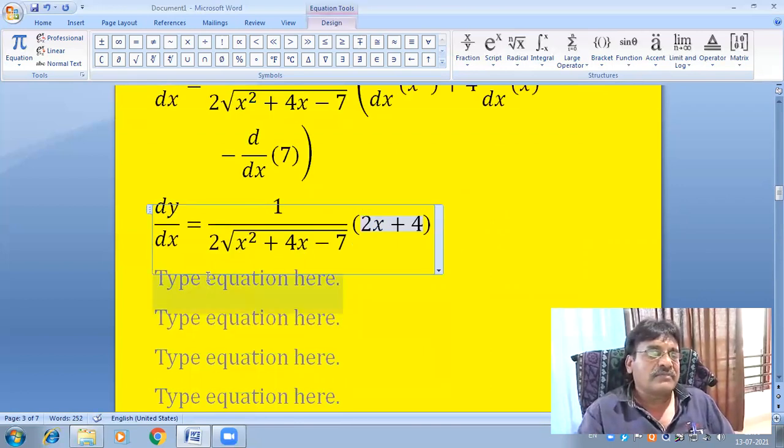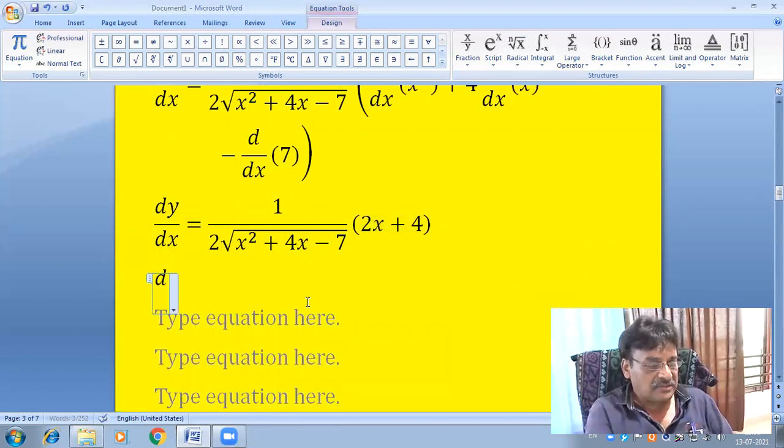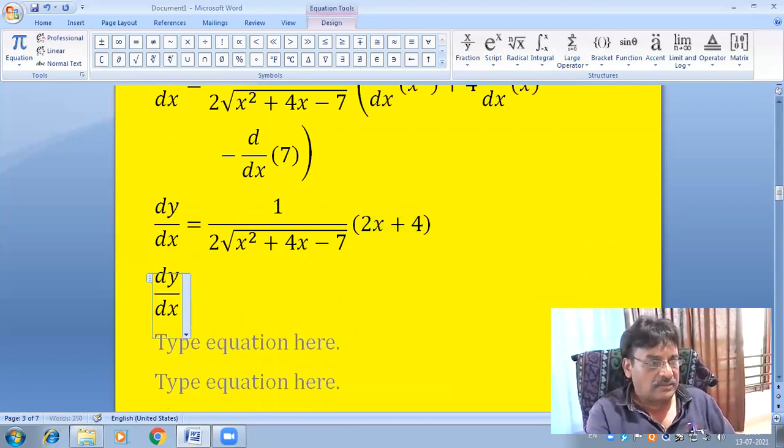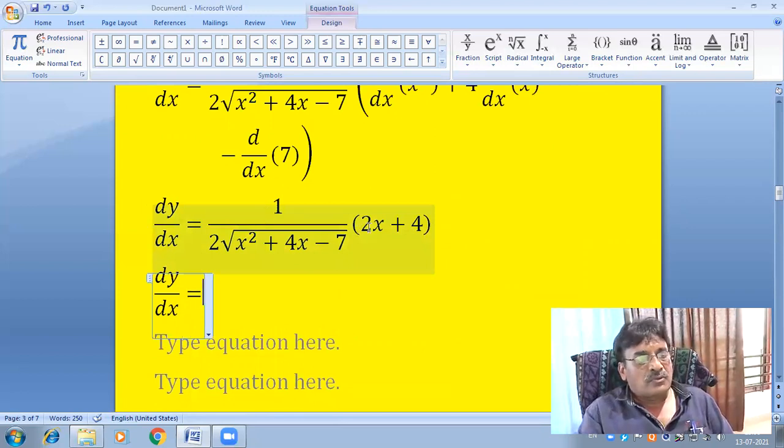Therefore, the derivative of the required function is dy by dx, which is equal to 2x plus 4 multiplied by 1. From this, take 2 common. Then this 2 cancels. So x plus 2. If I take 2 common, then in bracket x plus 2, and this 2 and this 2 cancel.